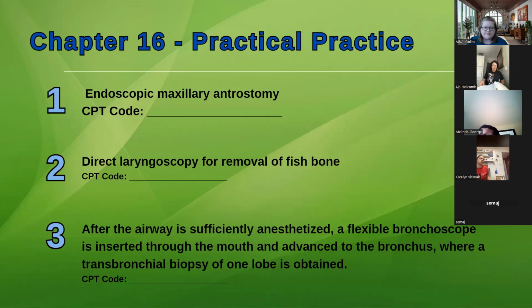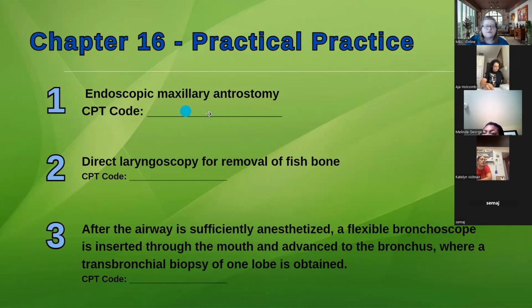A lot of those words I'm not even familiar with. Endoscopic maxillary I have heard before. I'm guessing our procedure is the antrostomy, because it ends with O-M-Y, ostomy, which clues me in that it's a procedure. So that's where I would start in the alphabetic index: antrostomy.